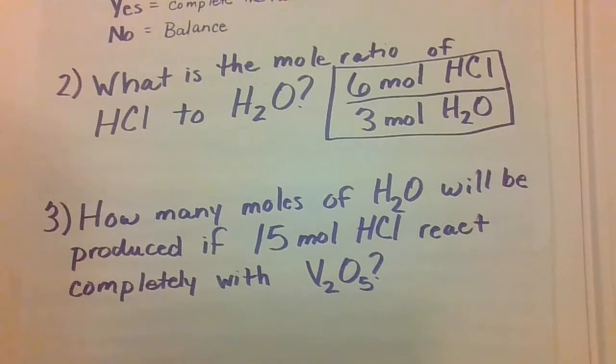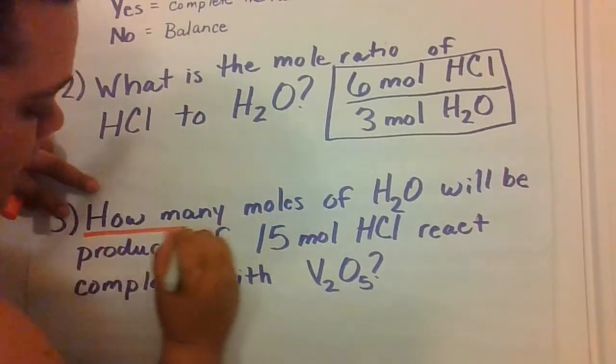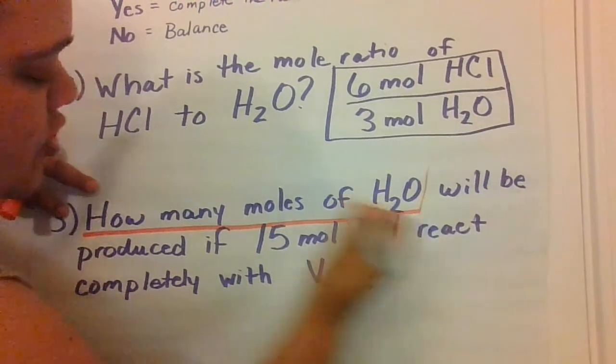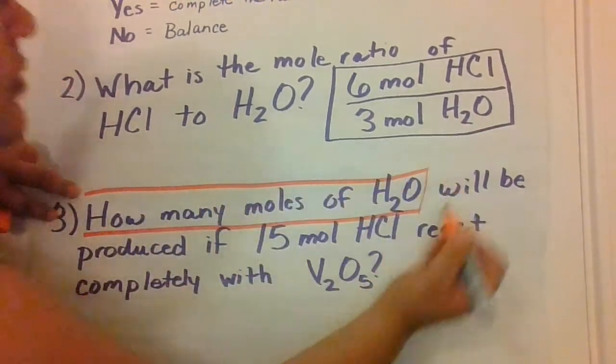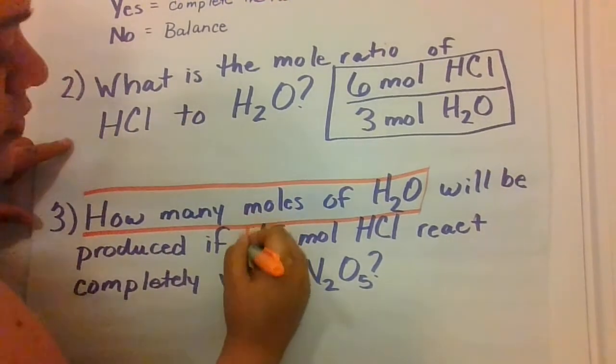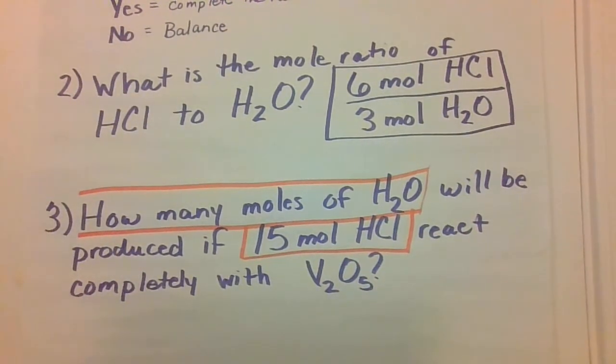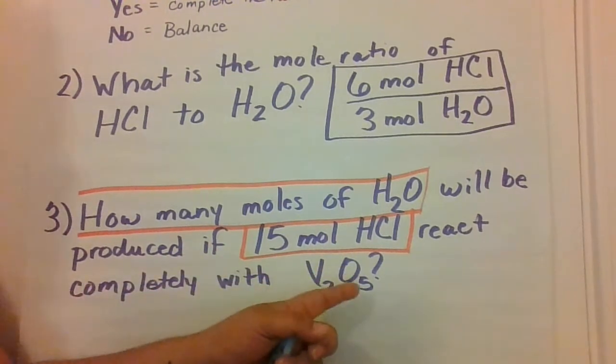All right, so let's take a look at the problem you just wrote down and determine what information is necessary and what information is a distraction. So we're looking at how many moles of H2O. That's the main premise of our question. How many moles of H2O will be produced if 15 moles of HCl reacts completely with V2O5?